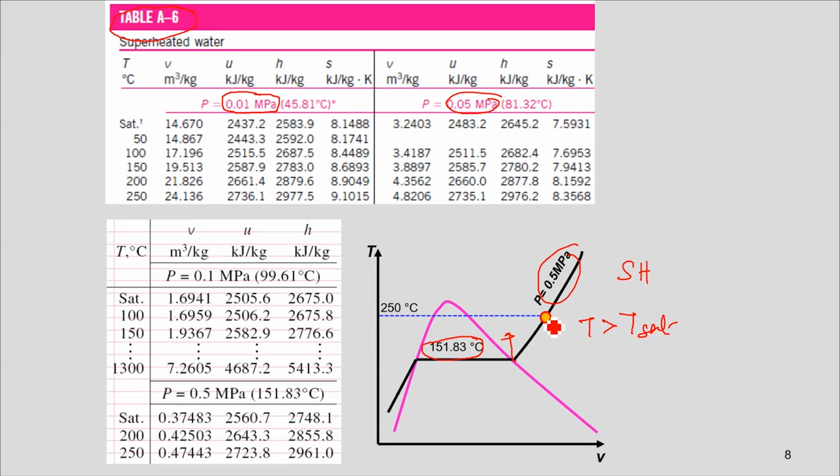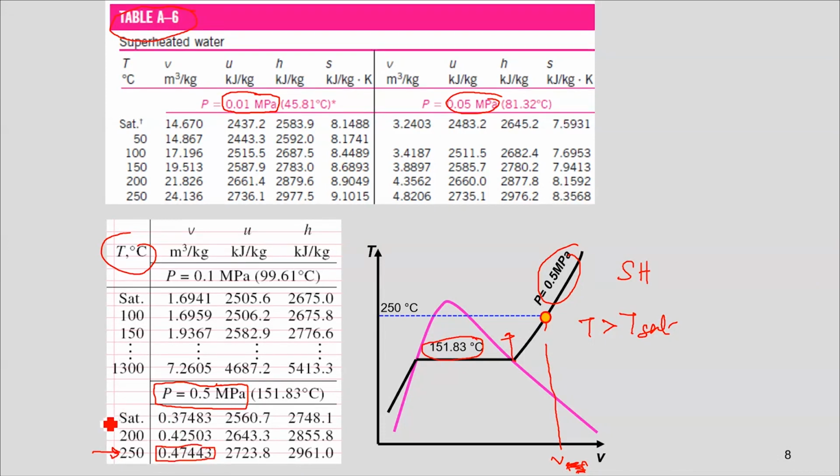And for this, if you want to find out the specific volume, V average, sorry, for this condition, you will go to the pressure column having 0.5 megapascal pressure, and you will go to the temperature column to read the temperature of your system, which is 250 degrees centigrade. The value corresponding to these two would give you the specific volume.